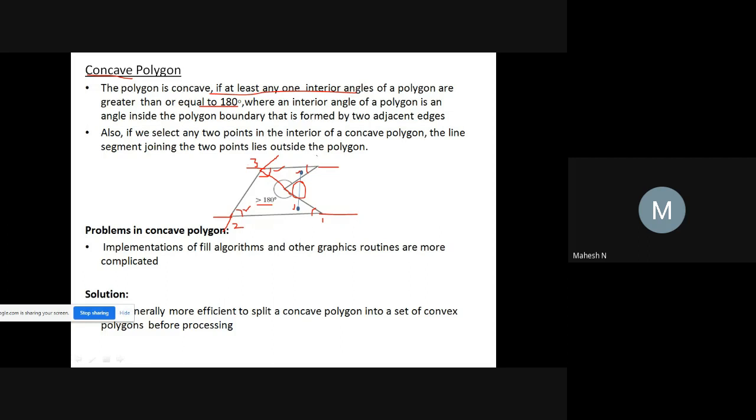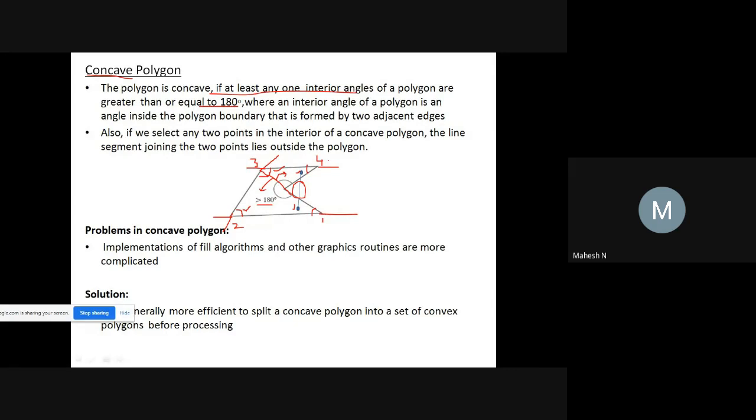See this fourth vertex. This fourth vertex is towards the other side of the extended edge. My first, second, and third points were towards this side, and my fourth vertex is towards the other side of my extended edge.